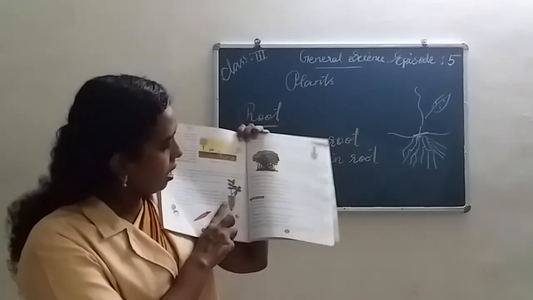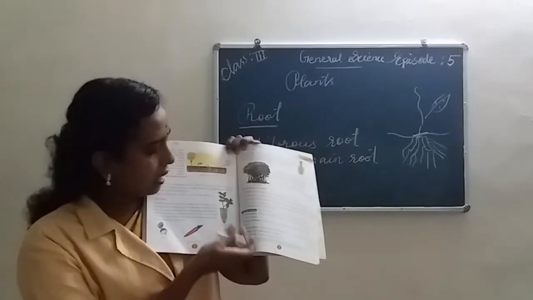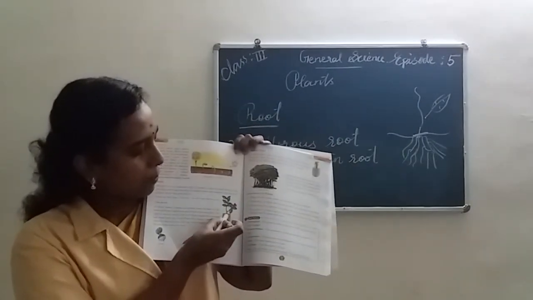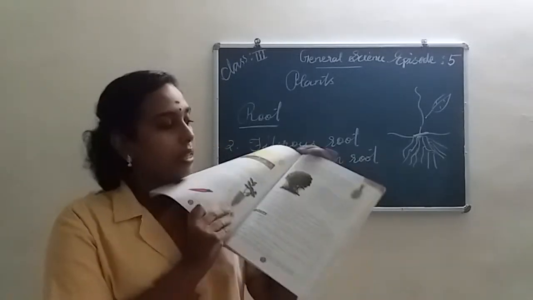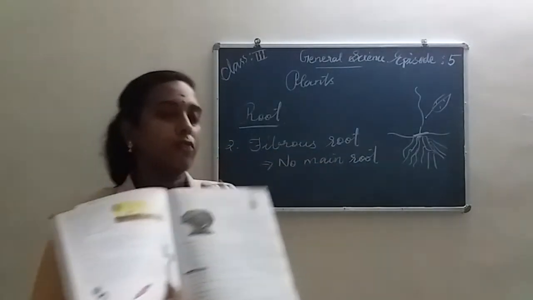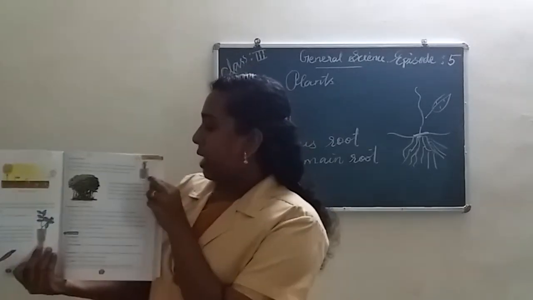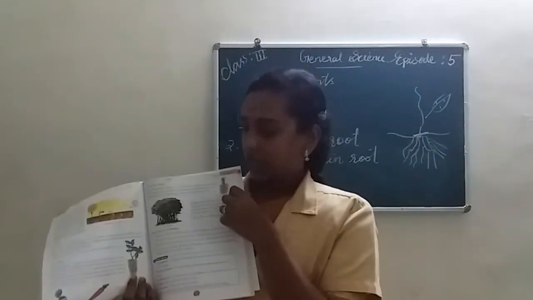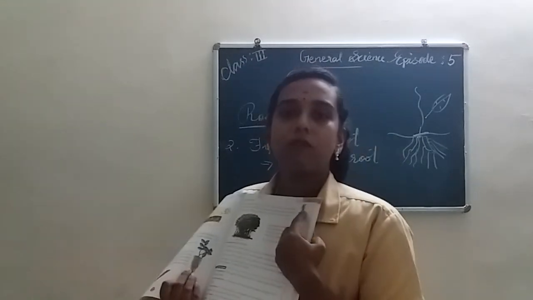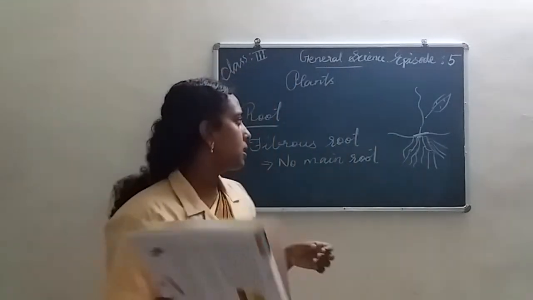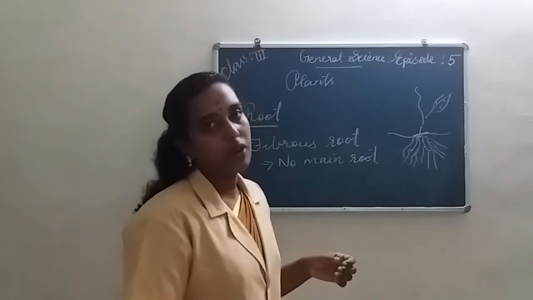This plant has a taproot: here is a main root and many small roots come from it. Here is an example of fibrous root: in this plant there is no main root, but many small roots come from the base of the stem. Such types of roots are called fibrous root.